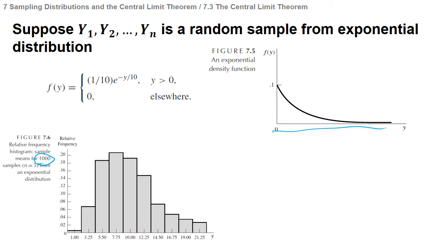So you randomly sample 5 from the exponential distribution and measure y bar for those 5 samples, and you do it 1000 times.